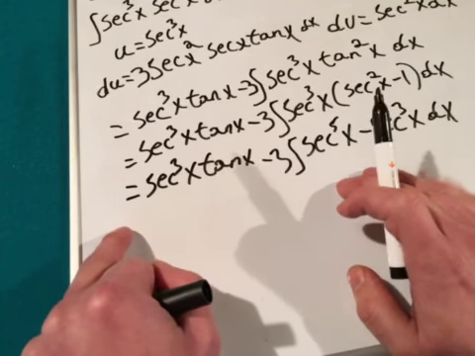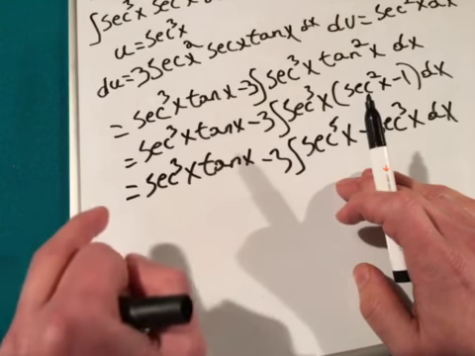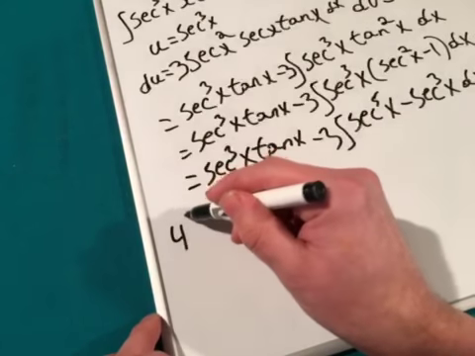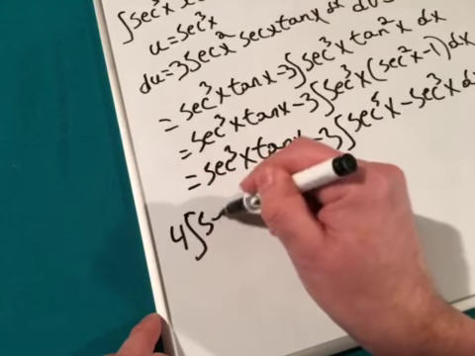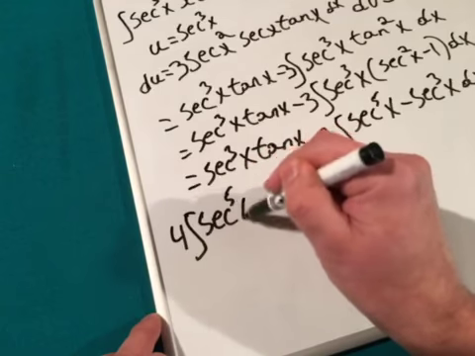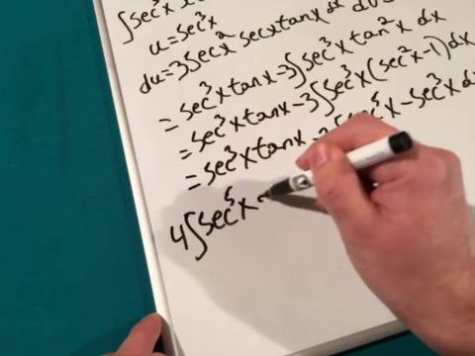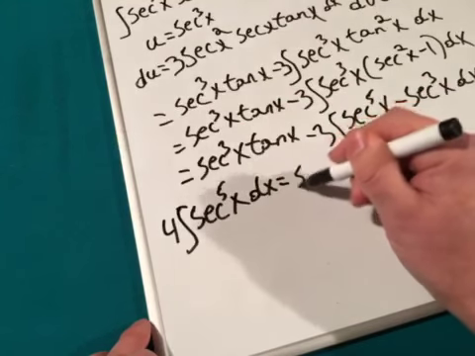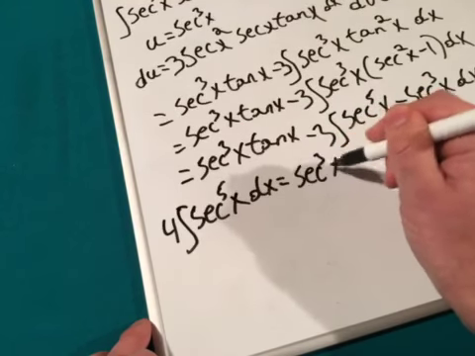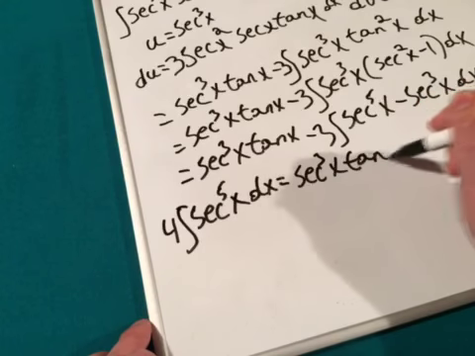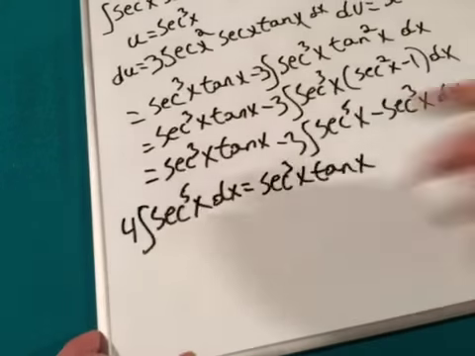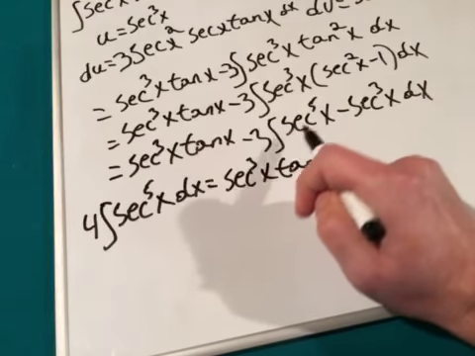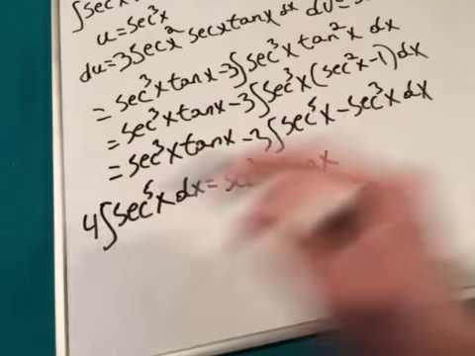That's 1 plus 3, that's 4. We get 4 times the integral of secant to the 5th x dx is equal to secant cubed x tangent x, and the minus 3 integral of secant to the 5th is gone, we just added it to that side.